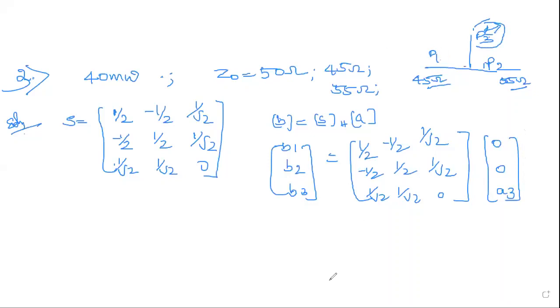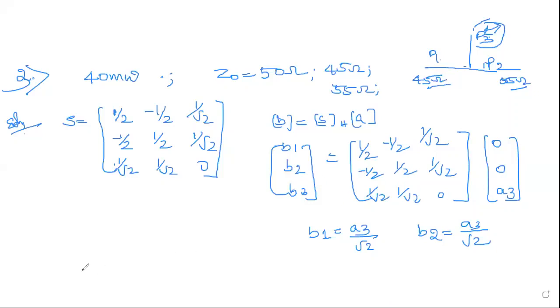Then the equation of B1 will be just A3 by root 2, and the equation of B2 is also A3 by root 2. Since A1 and A2 are 0, you will have only the equations with respect to this row, A3 by root 2 for B1 and B2.